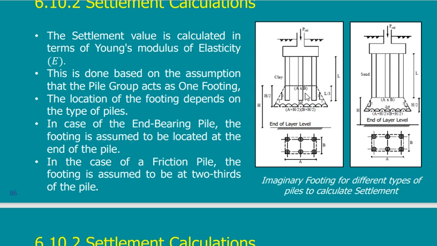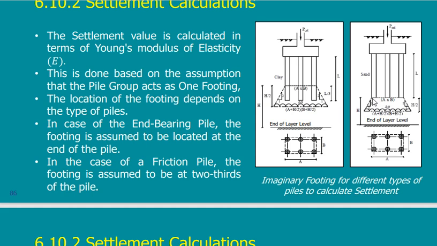If it is something in between, if it is 50% end bearing and 50% friction, in this case, take it at the middle. It depends on your judgment. If it is 10% end bearing and 90% friction, then I will be nearer to the frictional case rather than the end bearing case, and so on. So it depends on your engineering judgment.